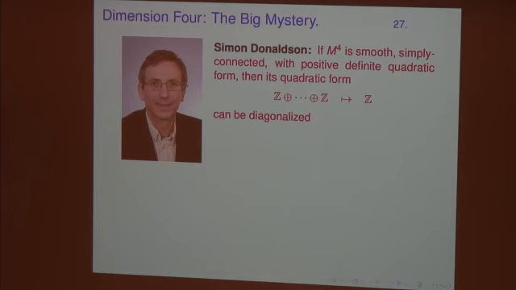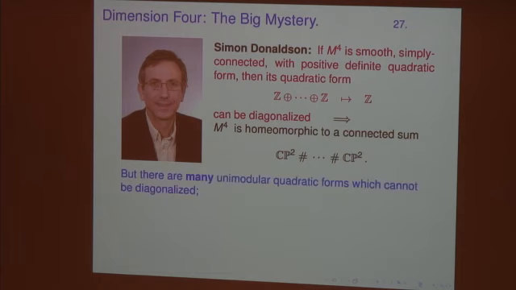And in view of Freedman's theorem, this means that it's homeomorphic to a connected sum of complex projective planes. But on the other hand, there are many unimodular quadratic forms which cannot be diagonalized. So there are many, many examples of 4-dimensional manifolds which cannot be given any smooth structure.